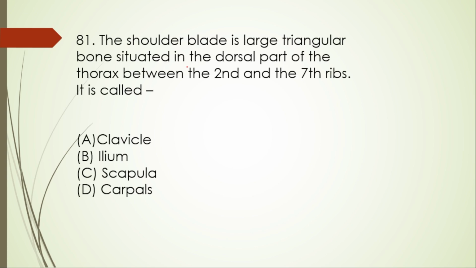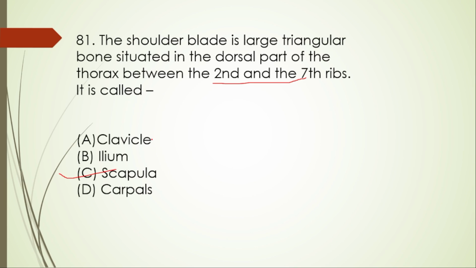Next, 81. The shoulder blade is a large triangular bone situated in the dorsal part of the thorax between second and 7th rib is called A. Clavicle, B. Ilium, C. Scapula, and then D. Carpals. So here the right option is scapula, 2nd and 7th rib.